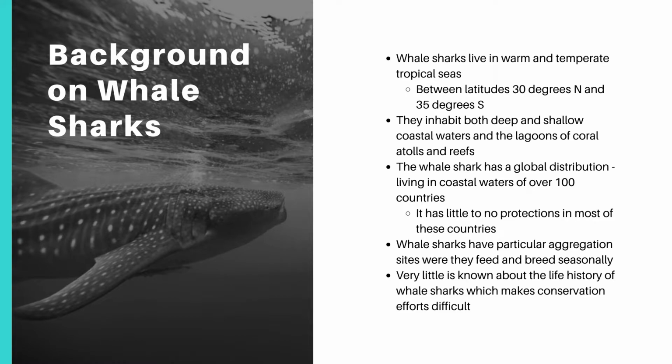They're usually solitary unless they come to aggregate in certain sites. So all of this makes conservation quite difficult, let alone even finding research about whale sharks. So the point of this case study is to point out that remotely sensed satellite data can be an effective way to learn things about whale shark behavior.